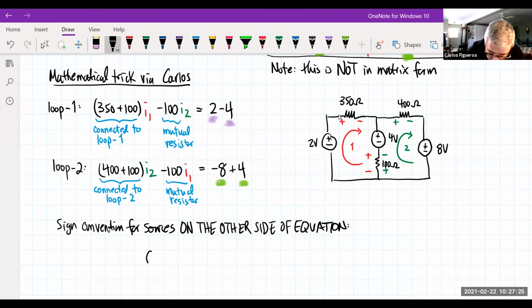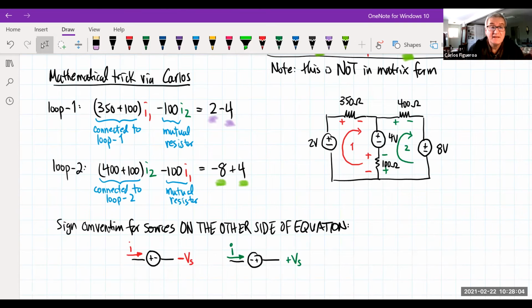If I have a voltage source, it looks like this. If I look at the direction of the current coming in this way, okay, that's my loop current. And when I look at this thing, that means on the other side, I write a minus Vs for the voltage source. If I have a current that's entering in the minus sign here, then when I take it to the other side, I'm going to get a plus Vs in the equation.